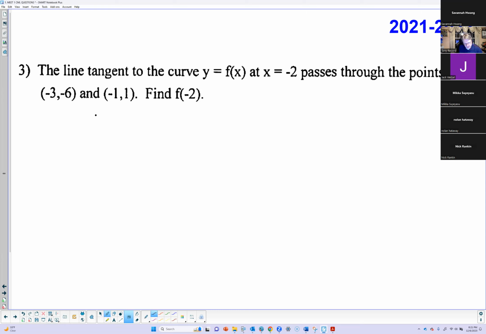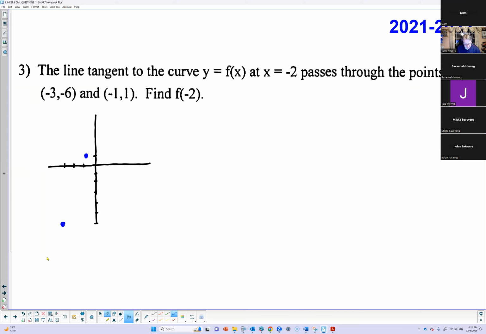Maybe having a picture can be helpful. I'm not saying that you have to have a picture, but if I were to put a picture here, -3, -6 would be right about here, right? And -1, 1 would be right about here. The line tangent goes through those points.